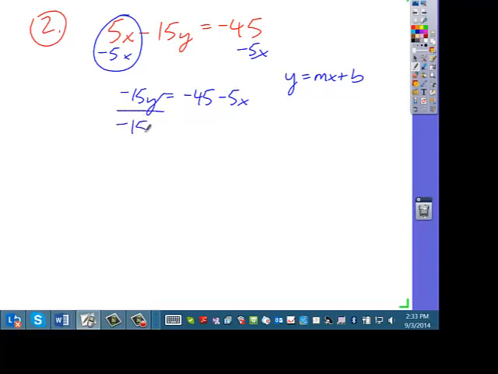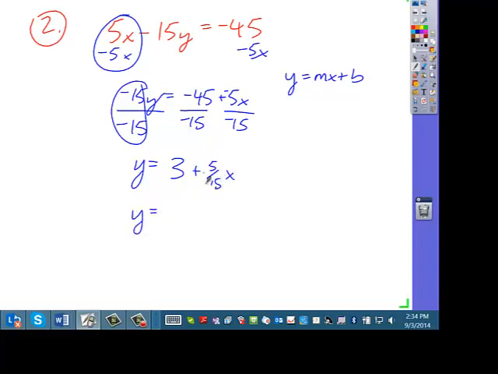As I divide, I'm dividing by -15 to make a 1. -15, which means y is going to equal +3 here. And then this is, I'll think of that as plus a negative, and then negative over negative is positive. So this becomes plus 5/15 x, which is the same as 1/3 here for the slope. So I can write it this way. That's number 2.